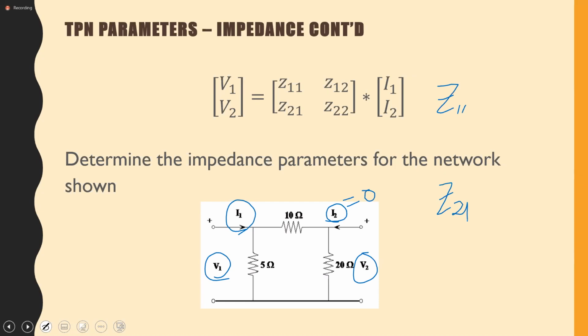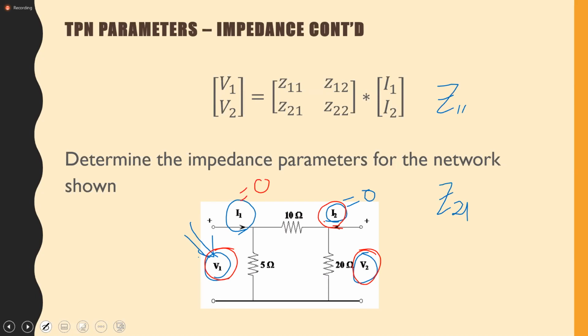And then, of course, when we reverse and we look at this port as being open circuited, what we'd be left with would be V1, I2, and V2, because I1 would now be 0. All right, so that's what we're after for these parameters.